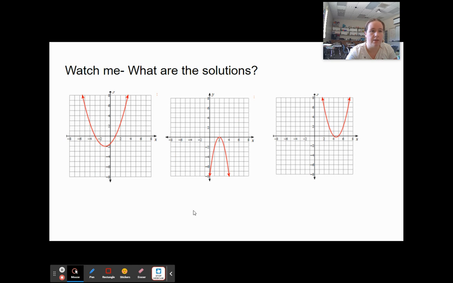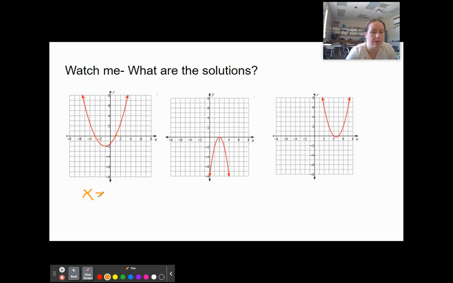For this next part, you don't have to write anything down for these 3. Just watch up here, and then on the next page, you'll follow along. Now that we know how to figure out how many solutions there are, we need to figure out what the solutions actually are. Just looking at this one, I already know that there's 2 solutions. I've got one here, and I've got one here. But I need to write down what x equals for those solutions.